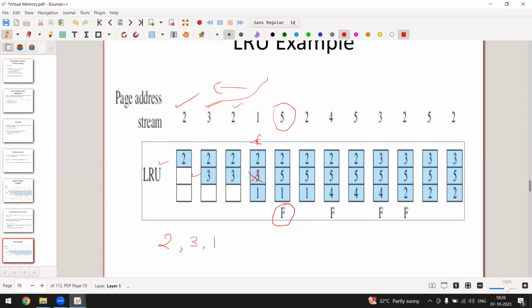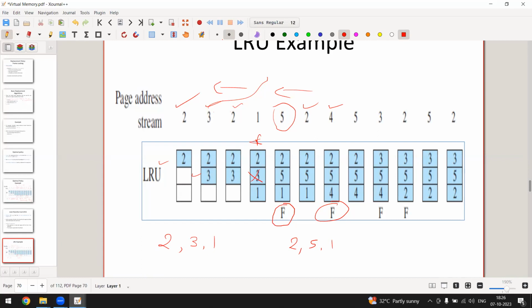Next we have 2 again. 2 is already present here. Then 4. 4 is not present, so I will again generate a page fault, and I have to select between 2, 5, and 1. If I see the past, 2 was very recently used, 5 was also used, but 1 was used least recently.